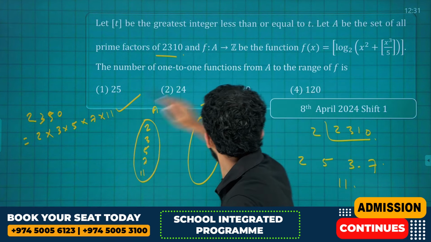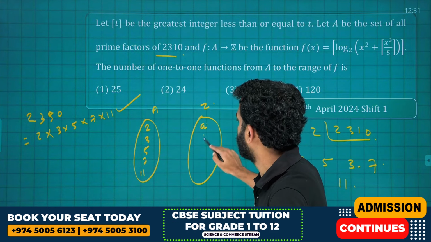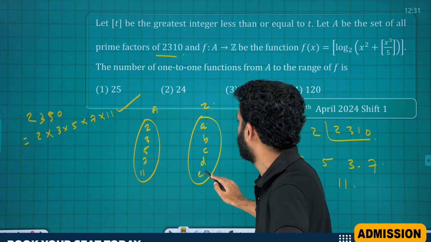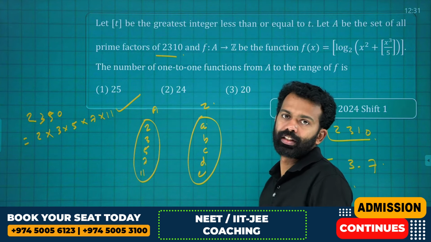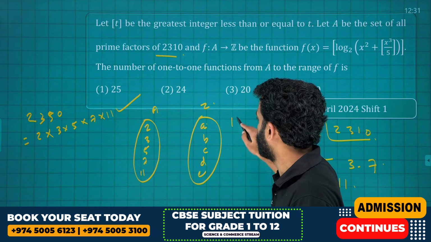If you substitute x = 2, you will get some value, let's take it as a. Substitute 3, you will get some value b, and similarly for 5, 7 and 11. So 5 elements here and 5 elements here as well. Total how many one-one functions will be there? 5 factorial, that is 120.